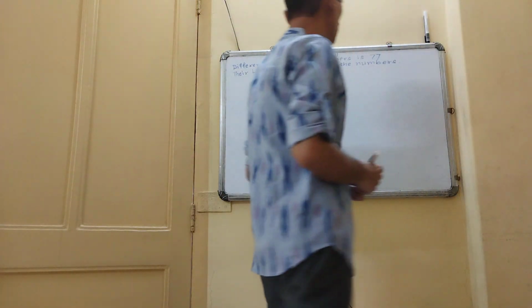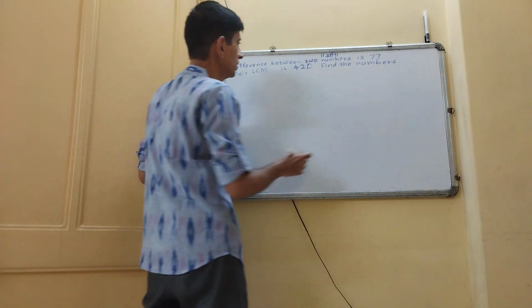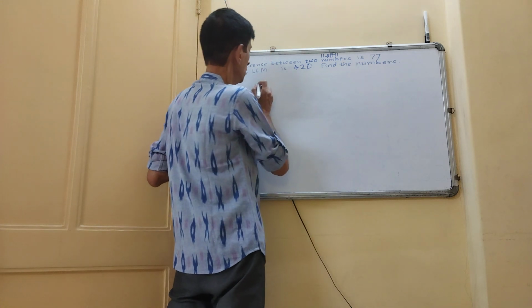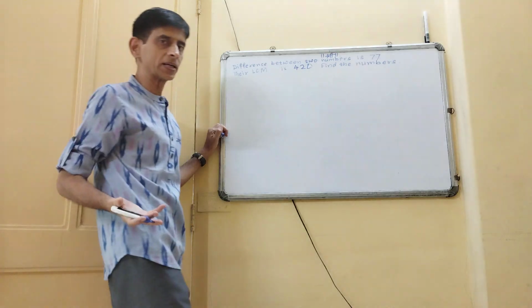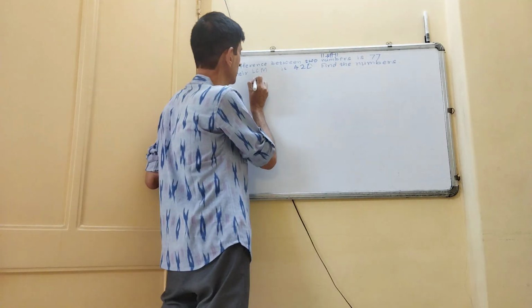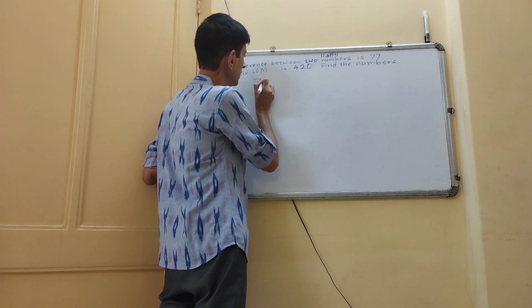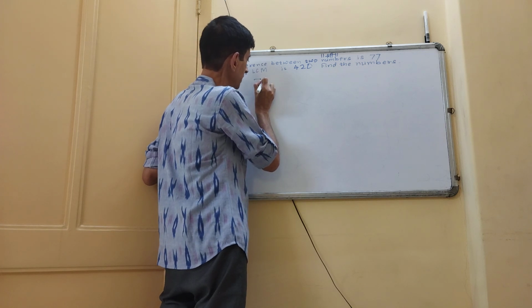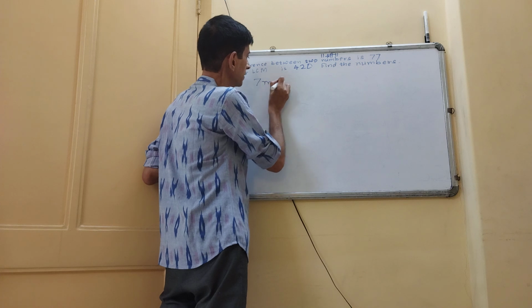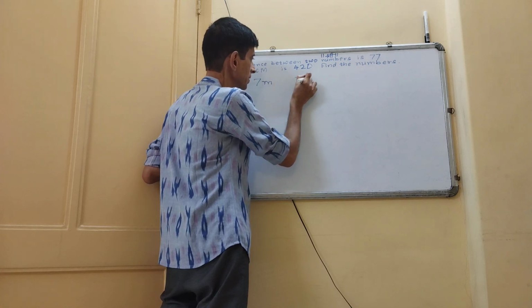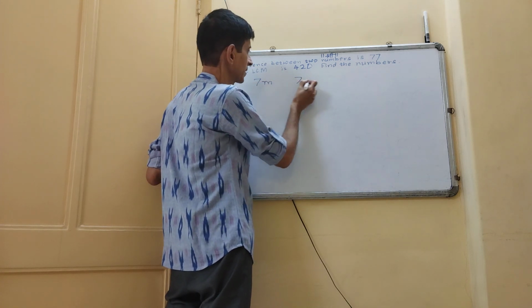By now we know the HCF of the two numbers is 7. So one number I am going to write as 7m and the other number as 7p, and this number is greater than this.